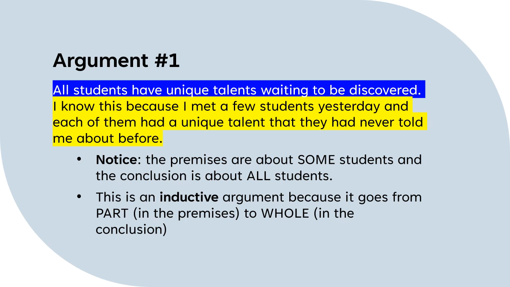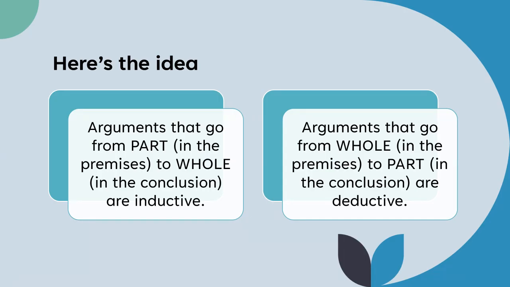When you do that, you have an inductive argument. All right, so let me just say this very clearly. When an argument goes from part in the premises to whole in the conclusion, that's an inductive argument. When the argument goes from whole in the premises to part in the conclusion, deductive.